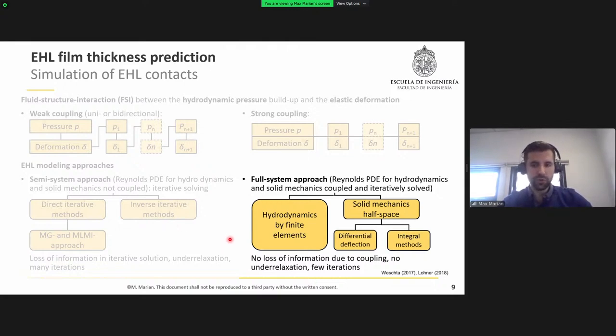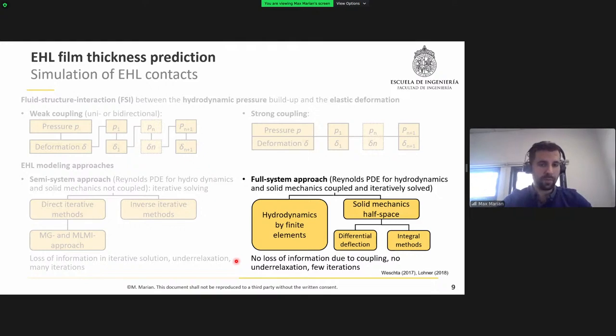But in order to obtain a sparse matrix and lower computational memory requirements, Habchi and co-workers proposed to replace the elastic deformation calculation by a finite element formulation, and also to discretize the Reynolds equation by a finite element approach. And due to the strong coupling, there's a very good convergence behavior of the solutions, which means a rather small number of iterations required to find the solutions.